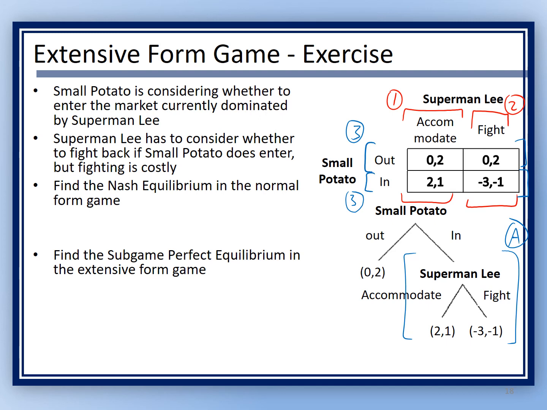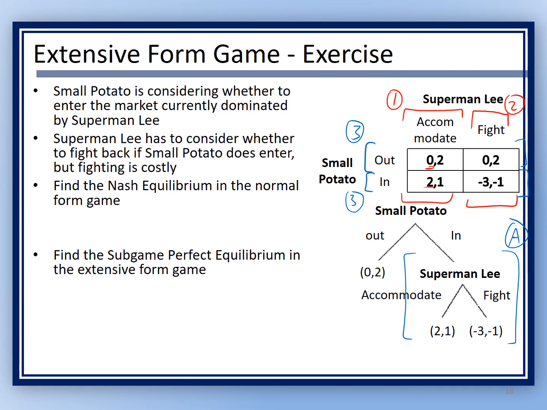Okay, so let's start with the normal form game. If Superman Lee has decided to accommodate, Small Potato is facing the choice between staying out and earning no money, versus coming in and earning 2.